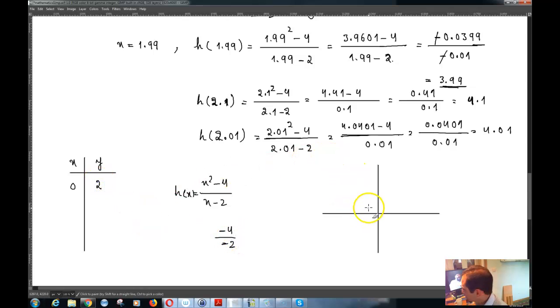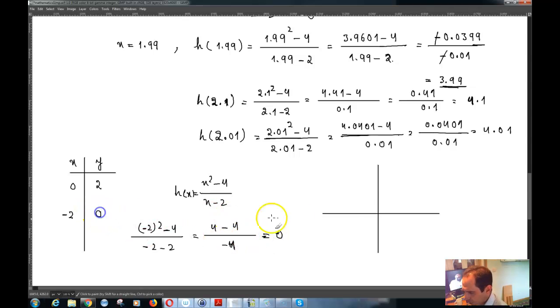And at x equal to negative 2, you are at negative 2 squared minus 4 over negative 2 minus 2, which is 4 minus 4 over negative 4, which is 0.